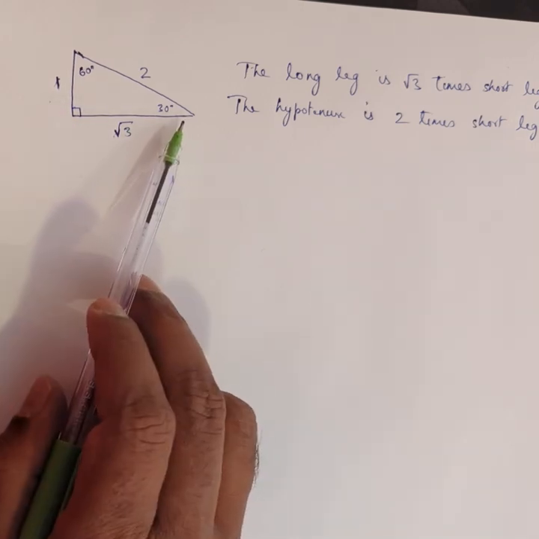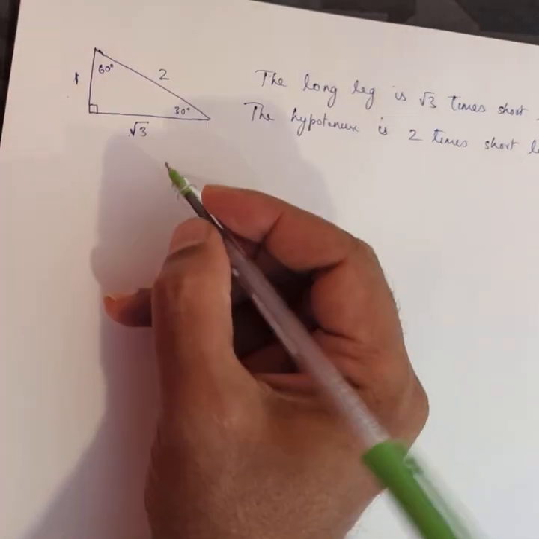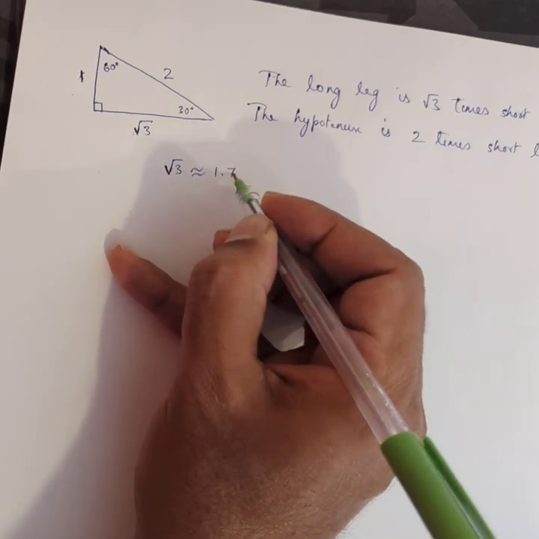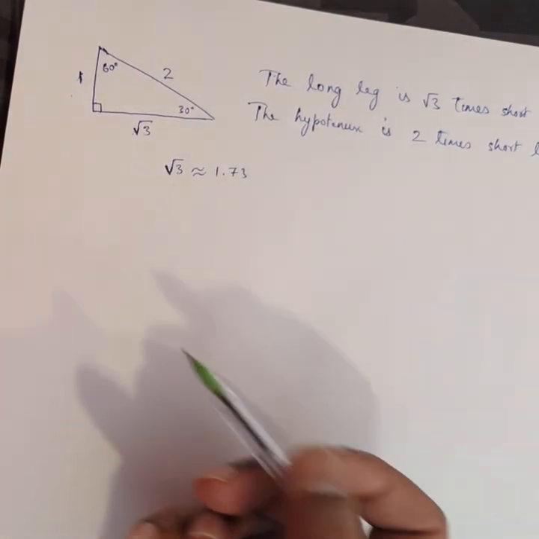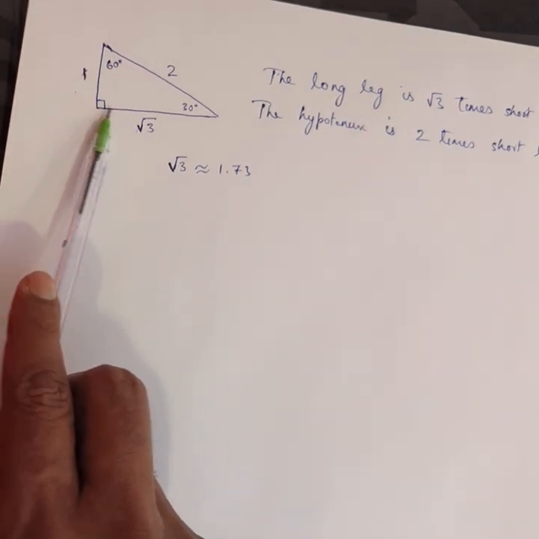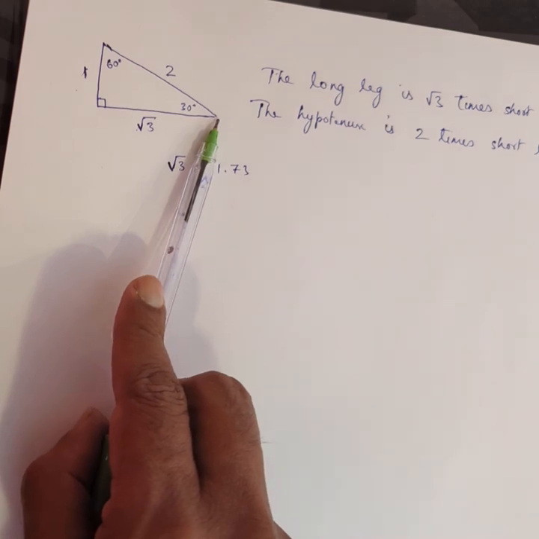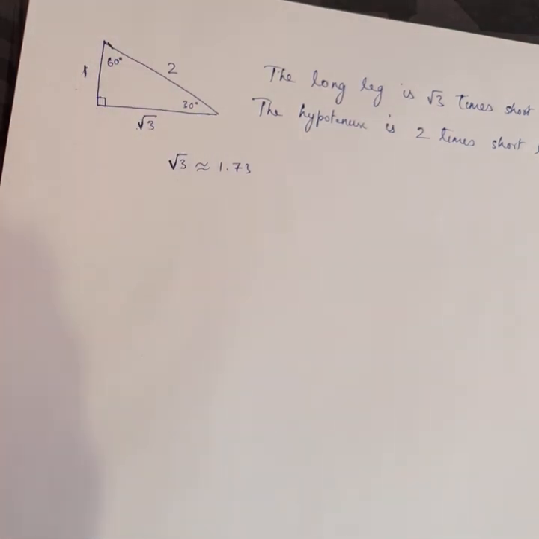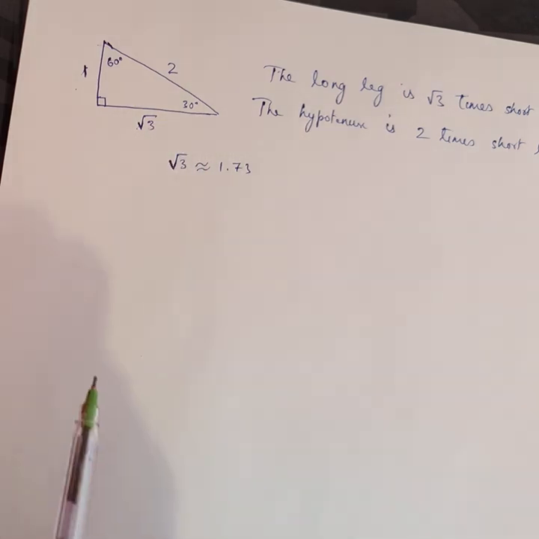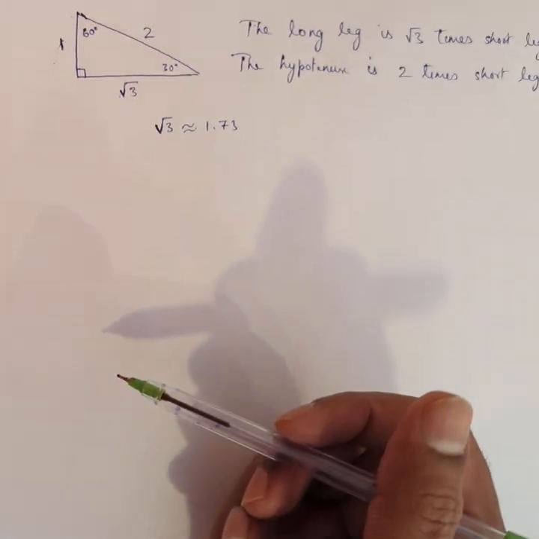The long leg is root 3 times, and root 3 is about 1.73. So if you're thinking money, if this is $1, this is $1.73, and this is $2. So the hypotenuse is exactly double. The long leg is root 3 times as big.